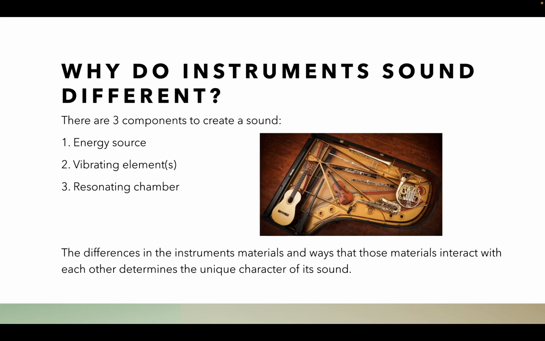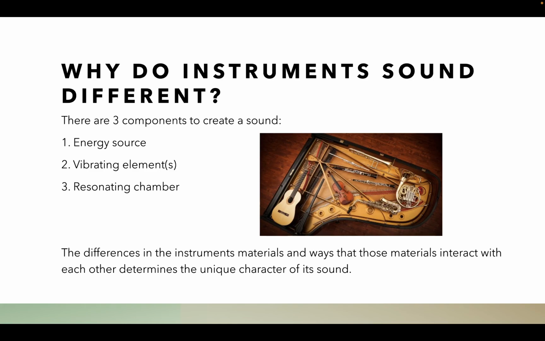Well, there are three real components that make up the uniqueness of a sound. They are the energy source. So where is the energy coming from? The vibrating element. There's always something that's vibrating. For us, in our voices, the energy source might be our breath. The vibrating elements would be our vocal cords.